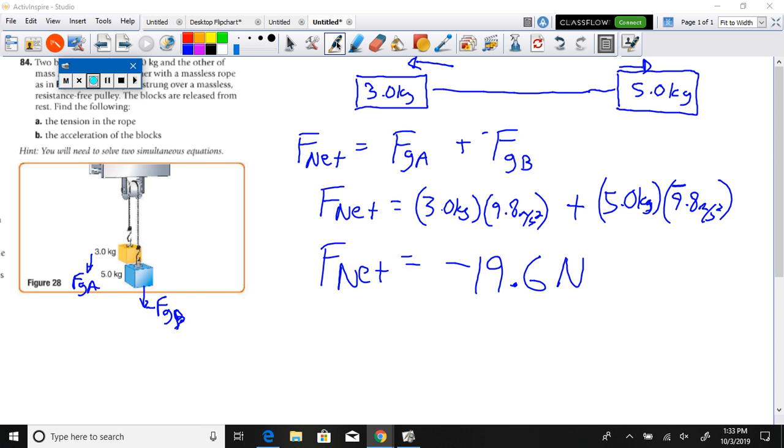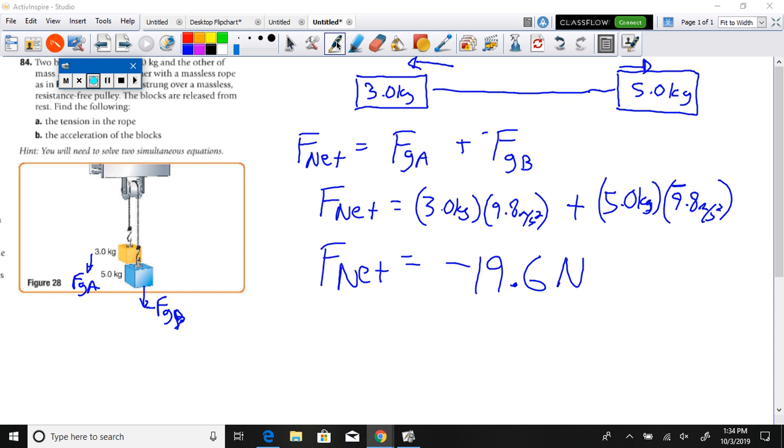Y'all ever played tug of war? Does one person stay here and the other person move, or do they both move? Yes. So if they're both moving this way, do we combine the masses? Is the whole system moving? Does that include both masses? So we have a net force with both masses.